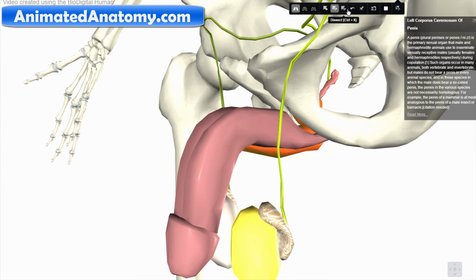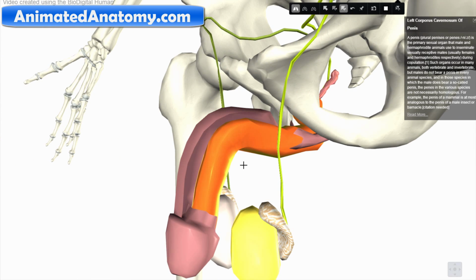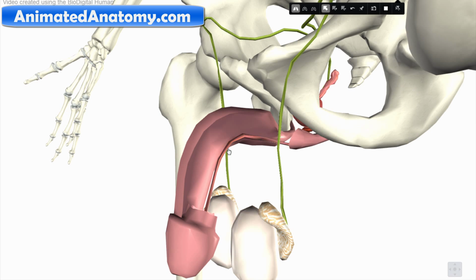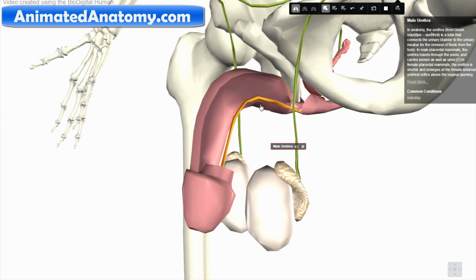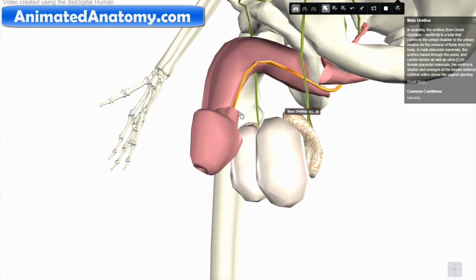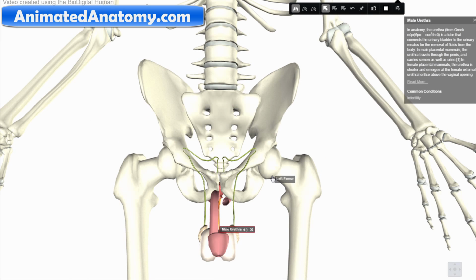It enters actually the urethra of a human, and that's how it exits the human body. That's why in the male body, the urethra has one additional function.